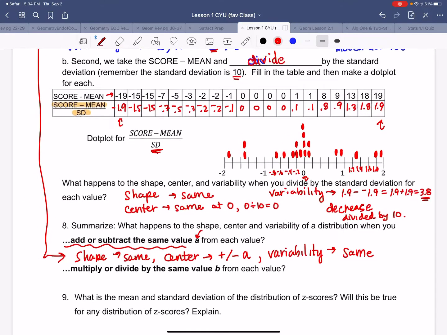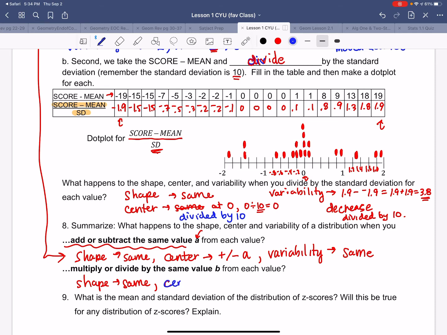So again, just to kind of summarize what we said up here. When we multiplied or divided, which is we divided there, we noticed again our shape stayed the same. Our center looked like it didn't change, but it was divided by 10 and we just landed at the same number. It just so happens when you divide 0 by 10, it doesn't change.